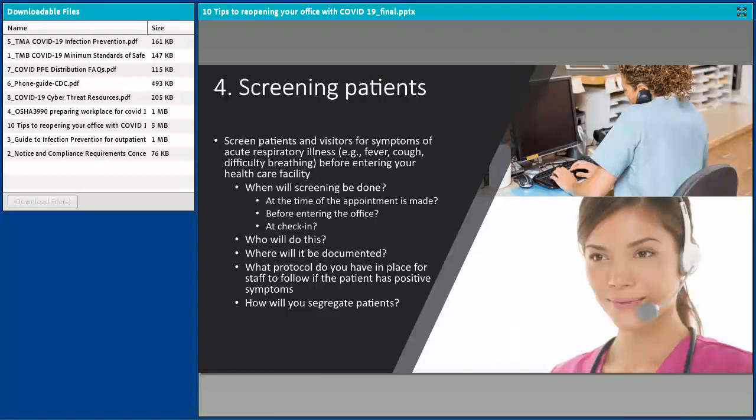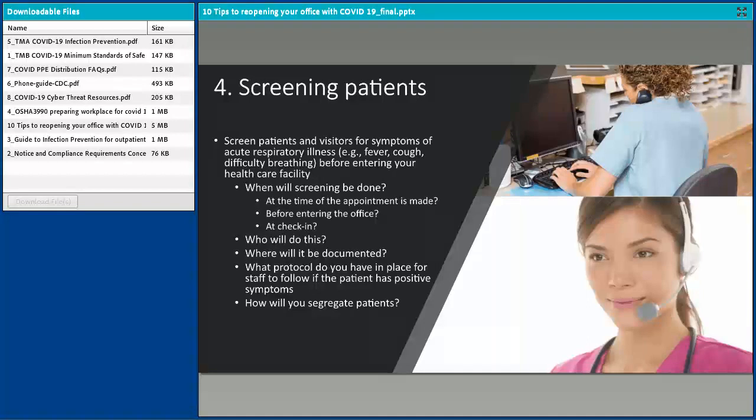But if they bring someone in with them, do you have a process for actually screening the visitors as well? Or even other types of visitors, perhaps pharmaceutical reps or others coming into your office. Even maintenance staff for repairs that you may need to be done.